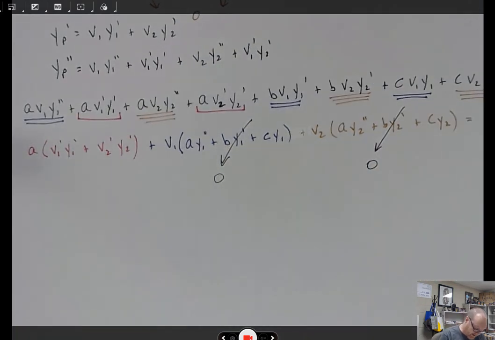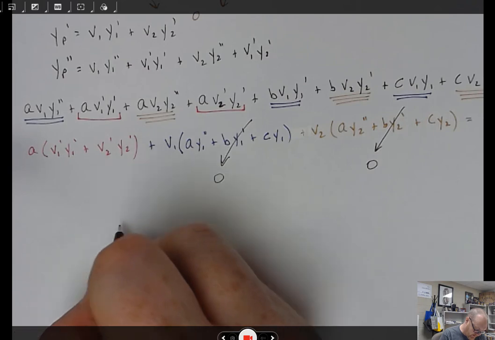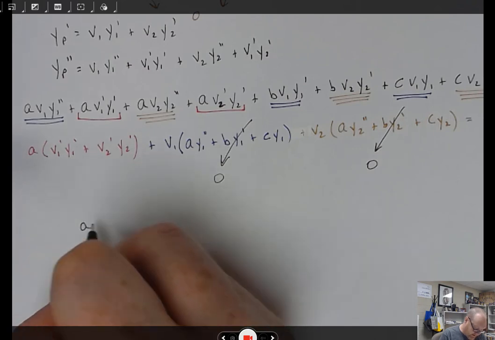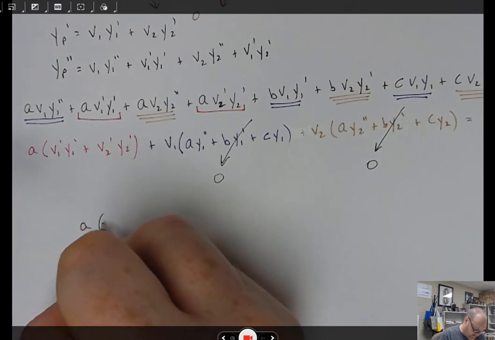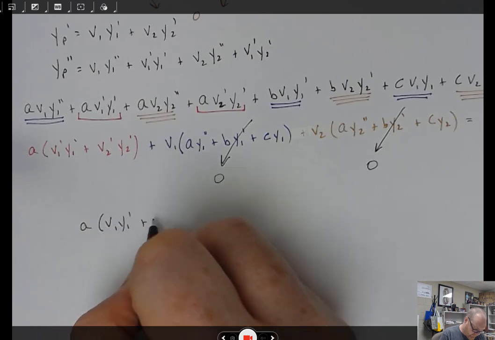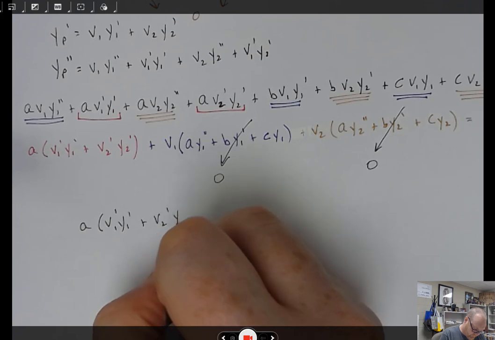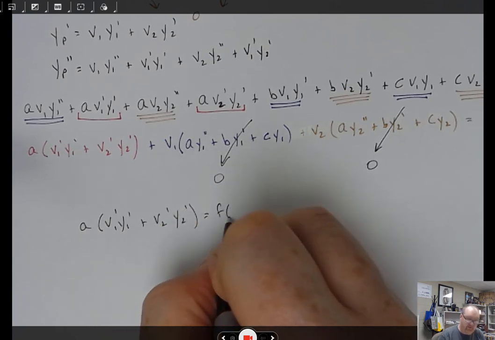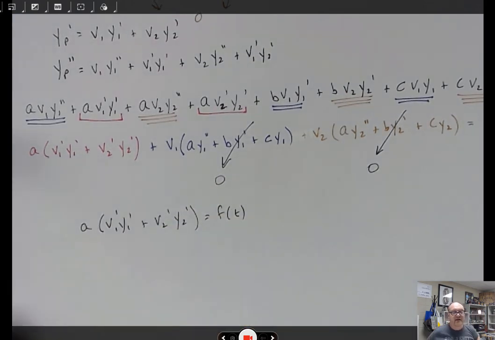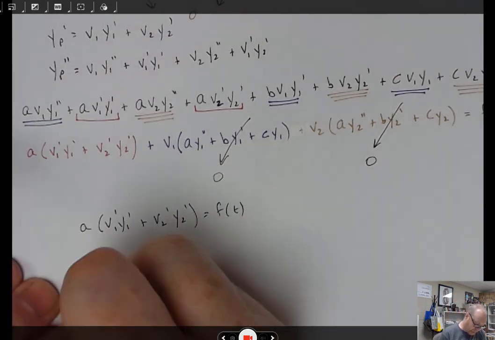So what I really end up with is an equation equal to f. If I solve for this piece, I end up with two equations.